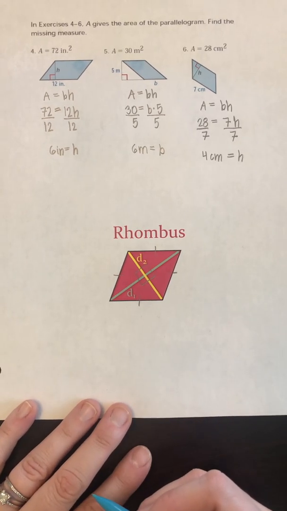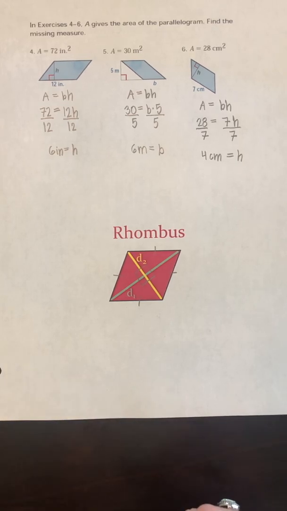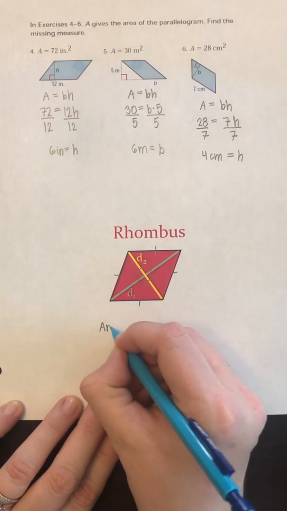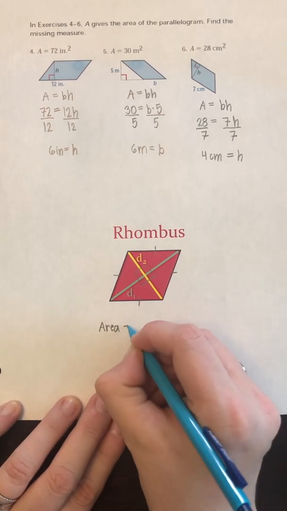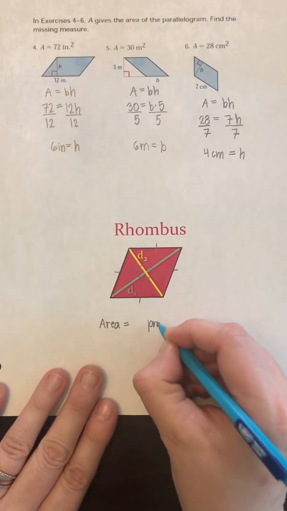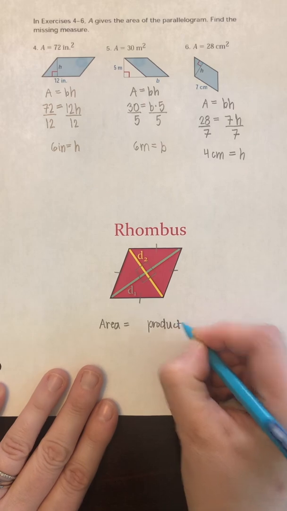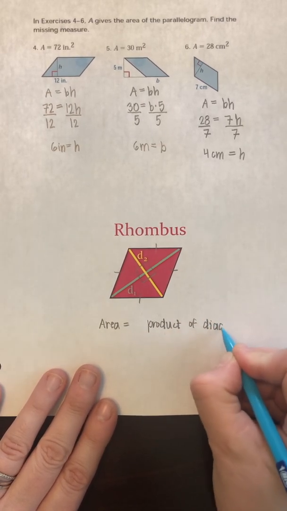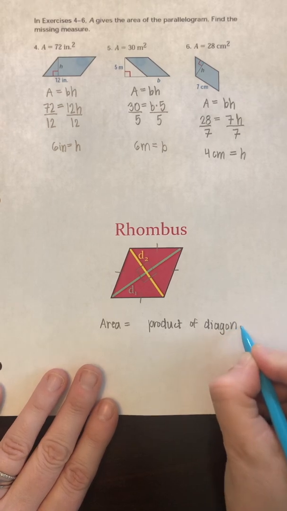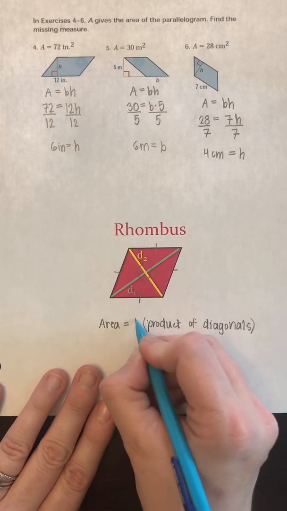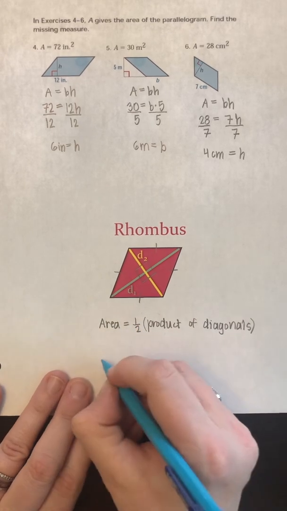So we have a totally different formula for rhombus, and you might not have ever seen this one before. I doubt that you did it in middle school. So the area for a rhombus, we're going to find the product of the diagonals, and then whatever answer we get, we're going to chop it in half.